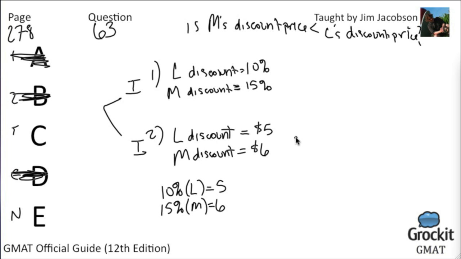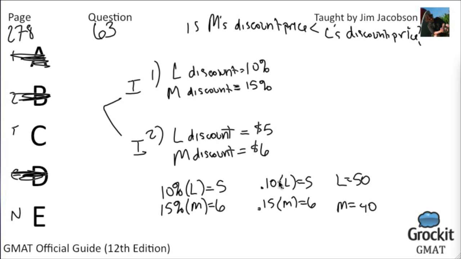So that's 0.10 times L equals 5, and 0.15 times M equals 6. We divide both sides by 0.1 and 0.15 respectively. So we end up with L equals 50 and M equals 40.